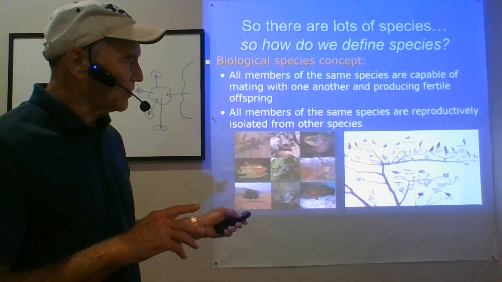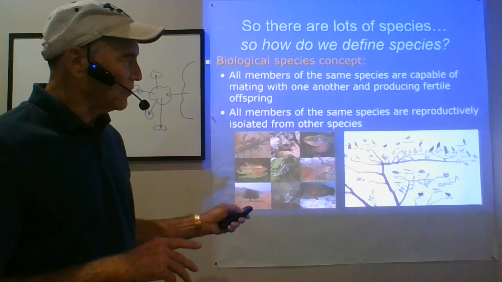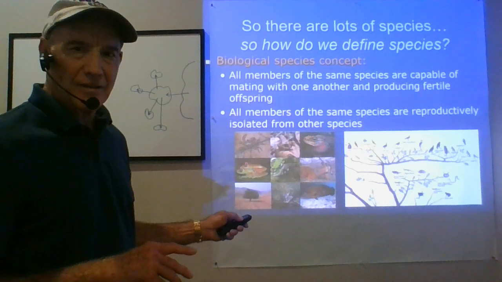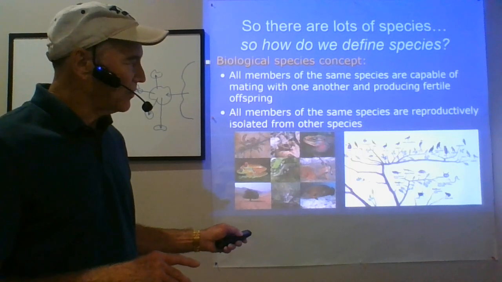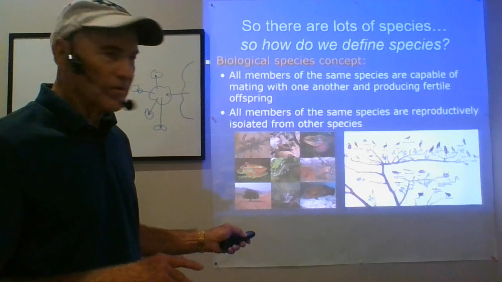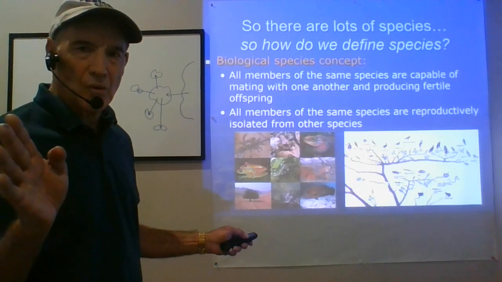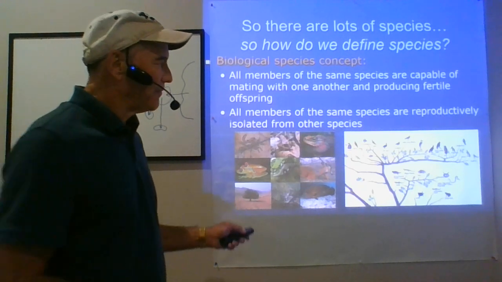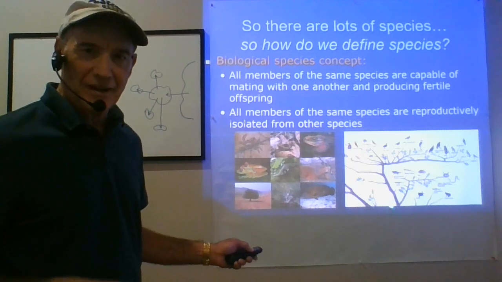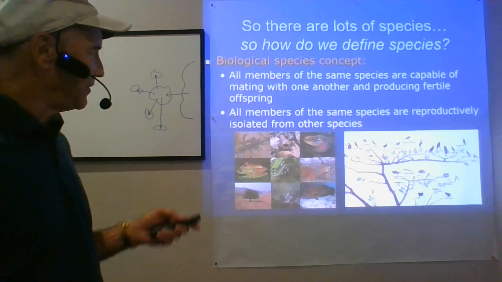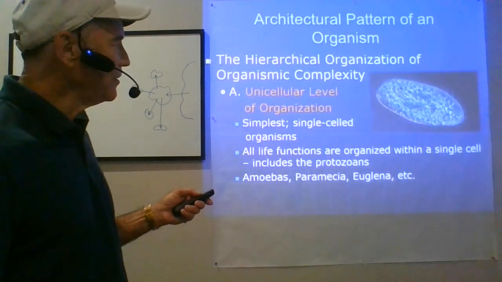The branches that are closer, those organisms are more closely related in time. The branches that are farther apart, those species are more remotely related. The tree pattern of branching speciation, the development of species. He proposed that.